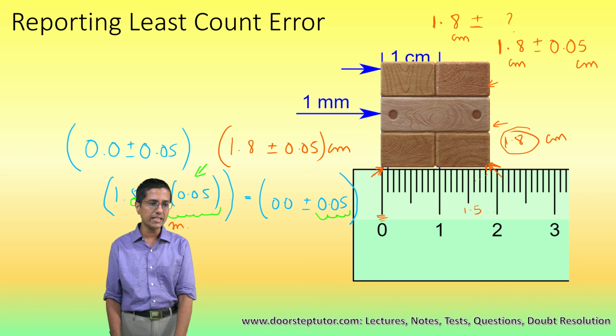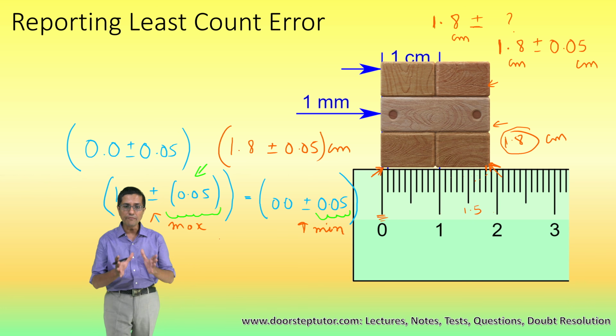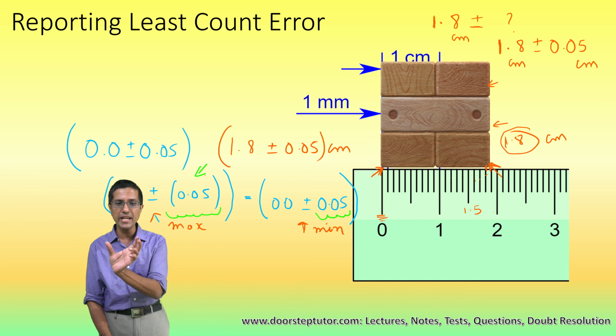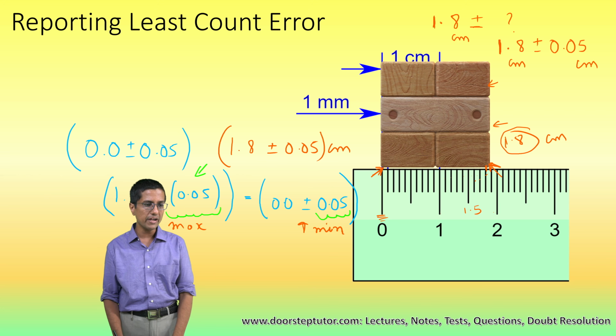So I have to take the maximum value here, and I have to take the minimum value here, and that would give me the maximum range of possible error in the measurement of this block. So if I do this, then this becomes 1.8 minus 0, and plus minus 0.05 would be added, and this would become 0.1.